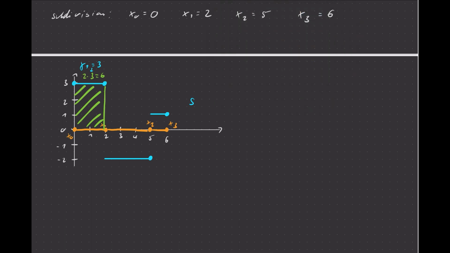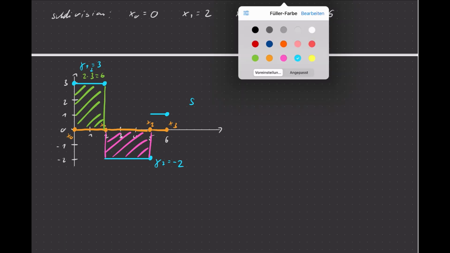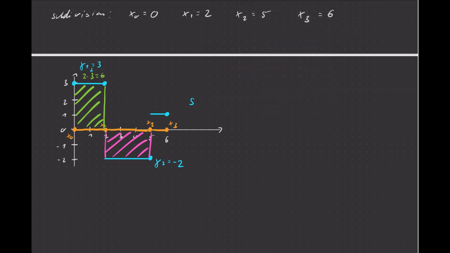The next is negative. So this rectangle down here will count negatively. So what we have here is a function value gamma 2 of -2, and that means the corresponding value of the area here, the value that enters the integral, is going to be 3 times -2. So the -2 is this one here, and the 3 comes from the interval length, that is the length of 3 here.